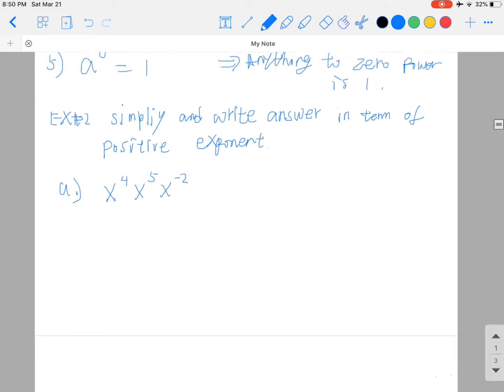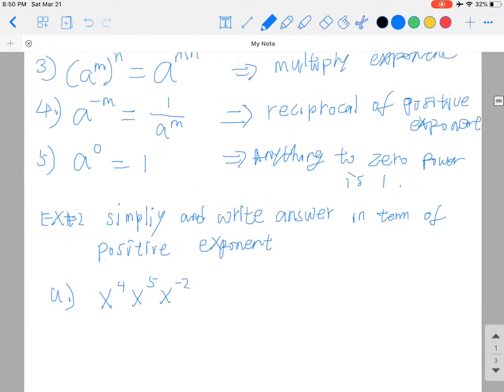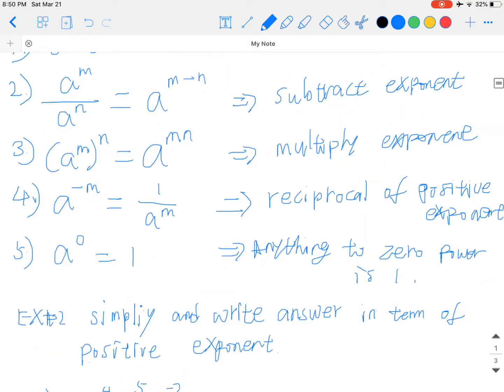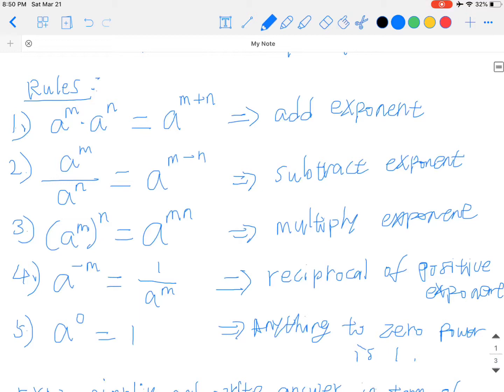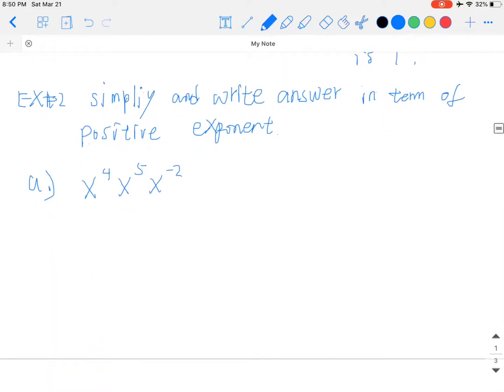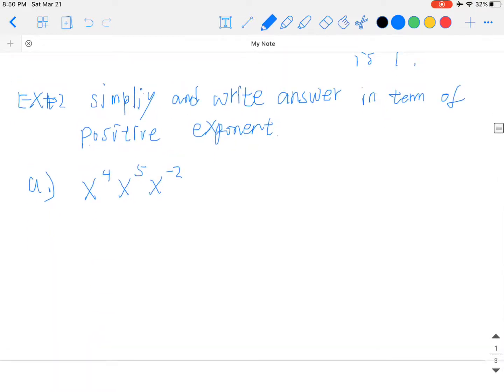Remember what we just learned: as long as they share the same base, x to the something times x to the something, this will become addition of the exponents. So we can simplify to x to the 4 plus 5 plus negative 2. Then the answer is x to the 4 plus 5, 9, minus 2 is 7.